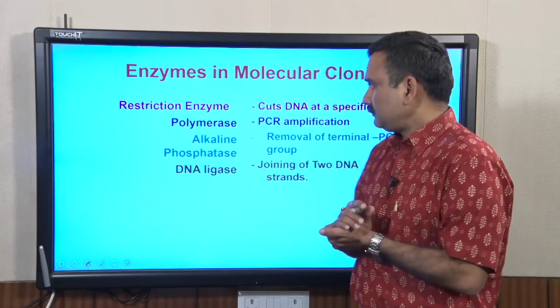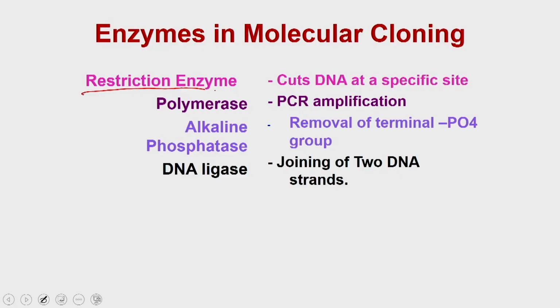The first class is called the restriction enzymes. The purpose of the restriction enzyme is to cut the DNA at a specific site. This DNA could be the plasmid or your gene of interest that you have isolated after PCR. Then you have the polymerases.